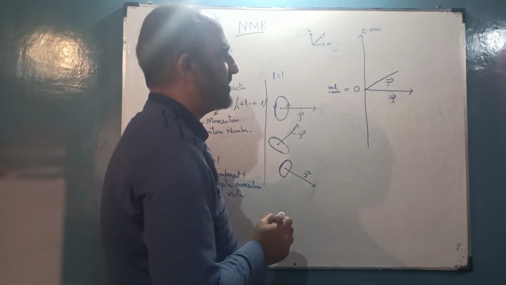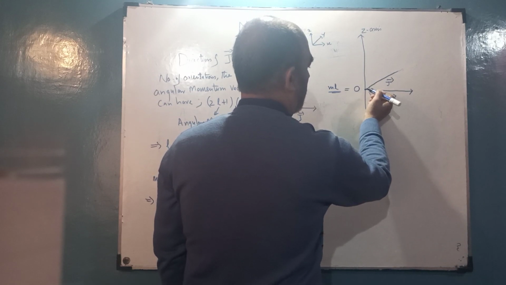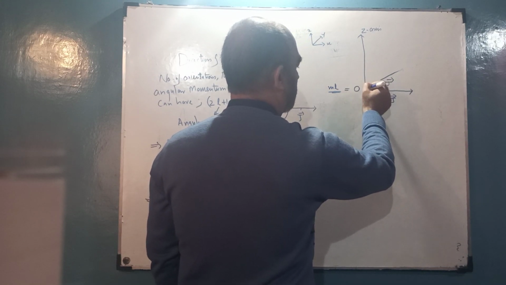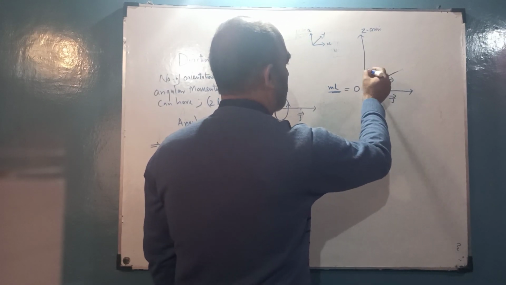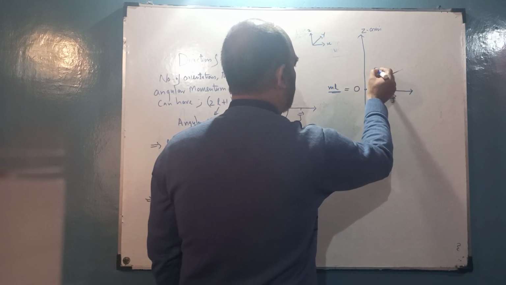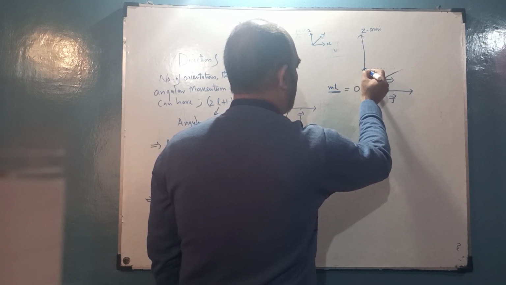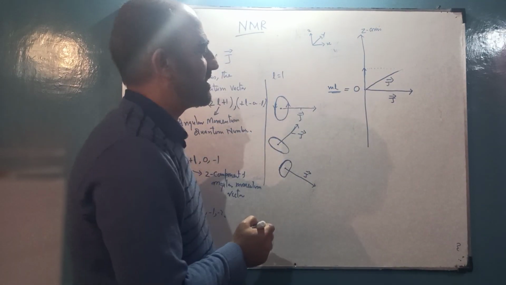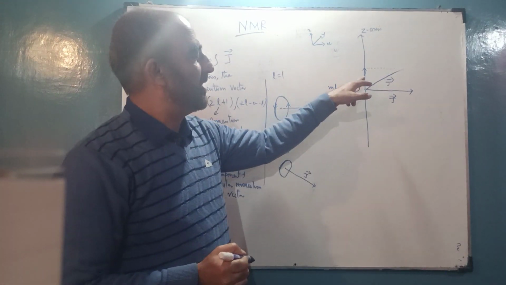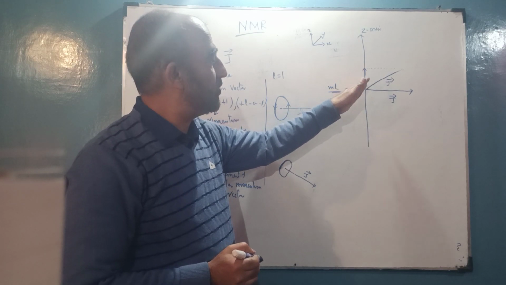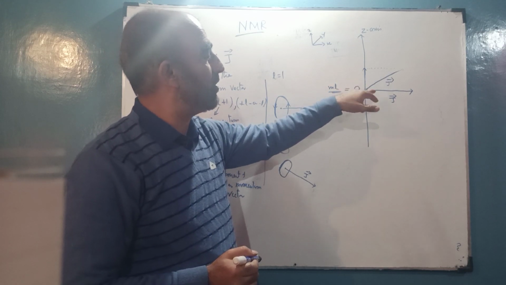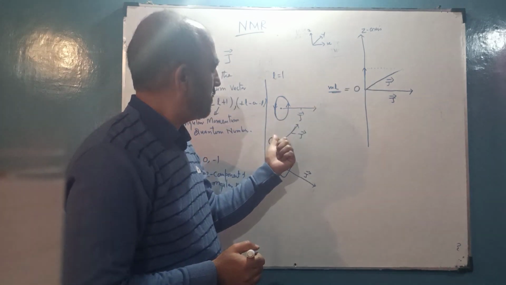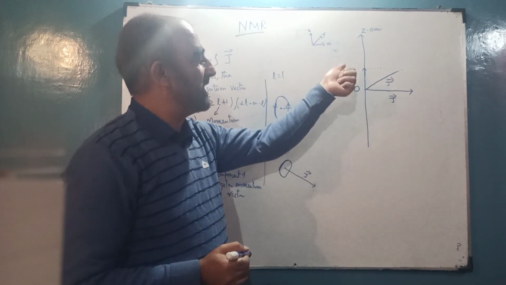Now I ask you a question: what is the component of this vector on the z-axis? We can show it like this. We can tell that this is the component of this vector along the z-axis. So I am showing the component of the angular momentum vector, because of this type of motion, on the z-axis.